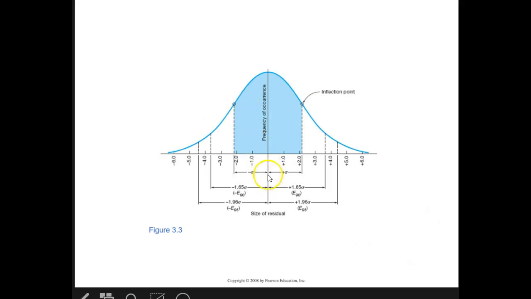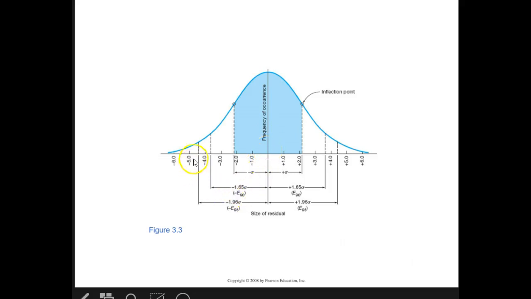this inflection point. But at the inflection point, mathematically, you're 1 standard deviation below and 1 standard deviation above the curve. That also means, for other reasons that we'll talk about next time, that when you determine the size of an interval that constitutes a standard deviation, approximately 67% of the data will occur between 1 standard deviation below and 1 standard deviation above this line, which is referred to as the mean.